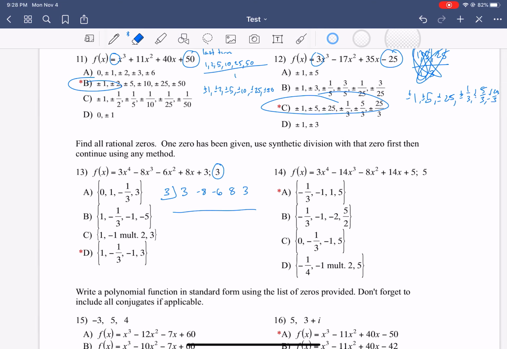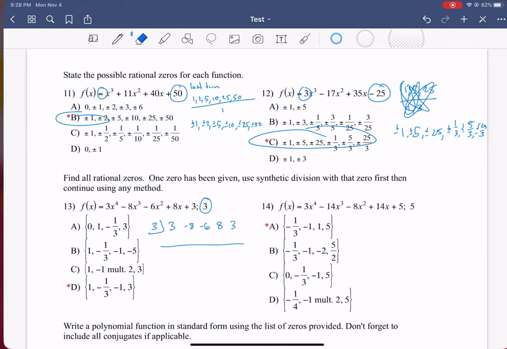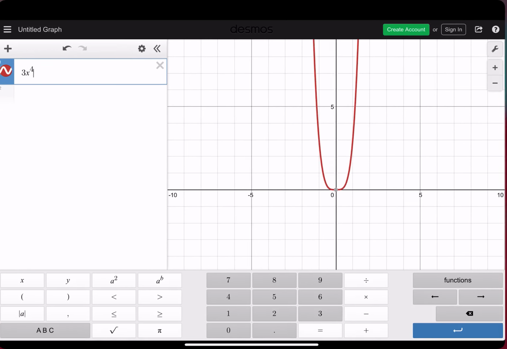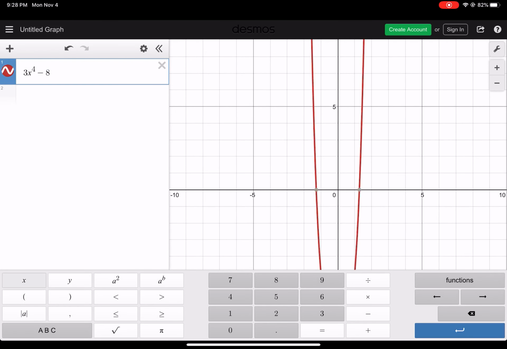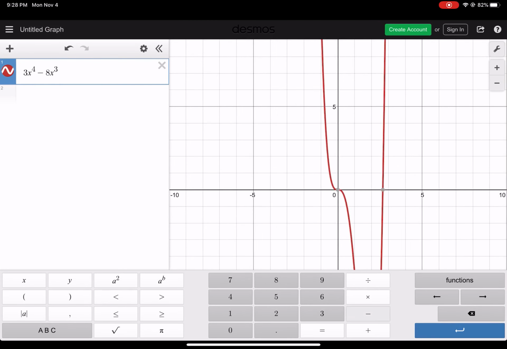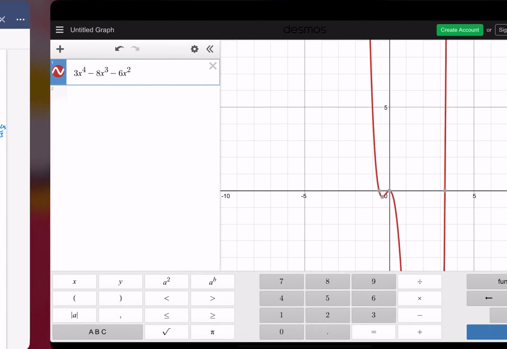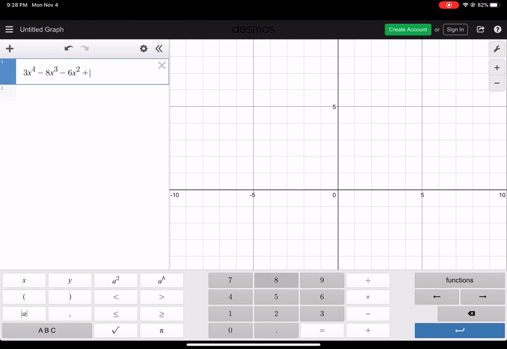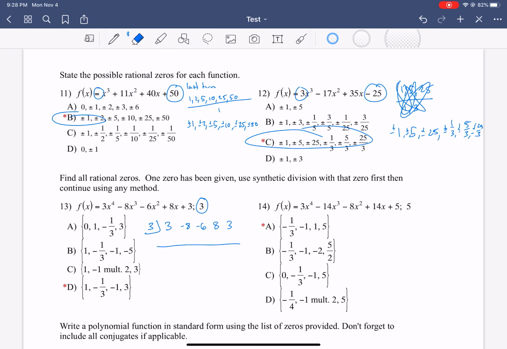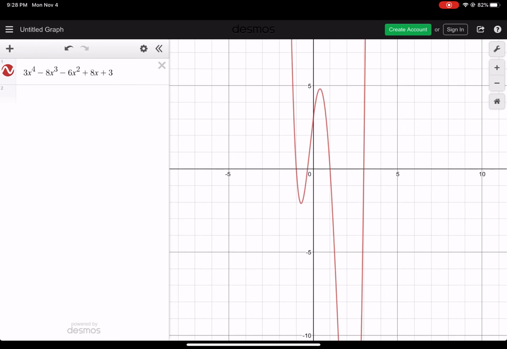So we have 3x to the 4th minus 8x to the 3rd minus 6x squared plus 8x plus 3. So this is the graph that we could have gotten on a graphing calculator.